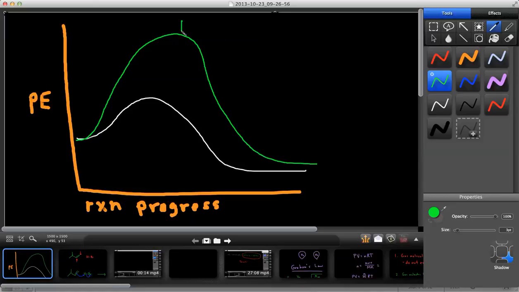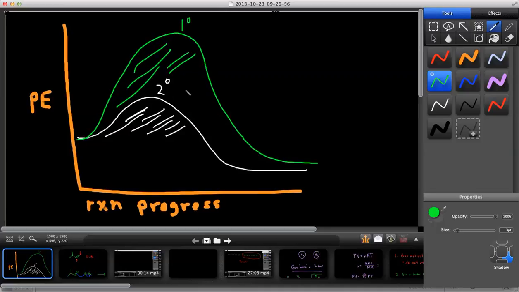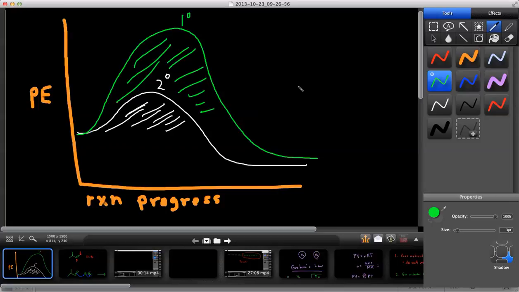This would be the formation of the primary carbocation. This would be the formation of the secondary carbocation. Much more feasible to form the secondary carbocation because the energy of activation is so much lower as compared to the energy of activation which would lead to the formation of the primary carbocation.